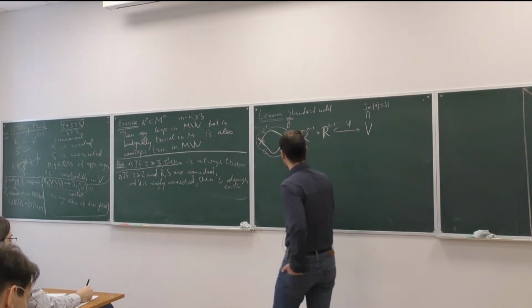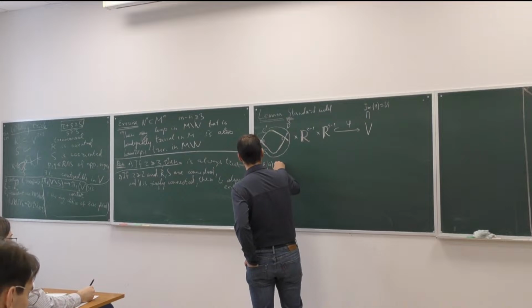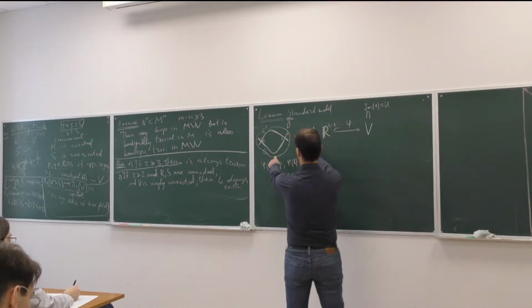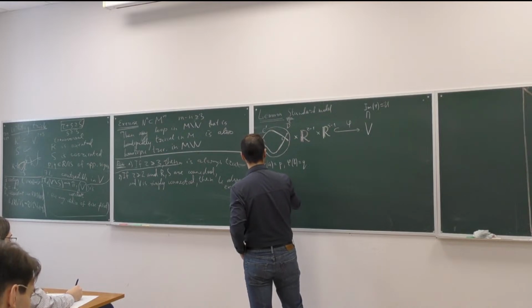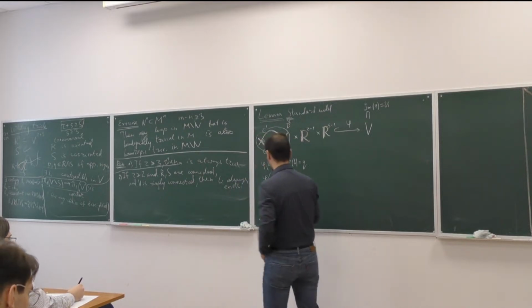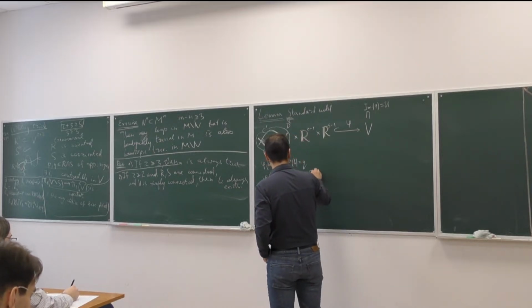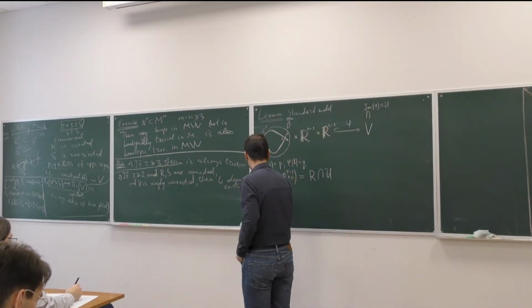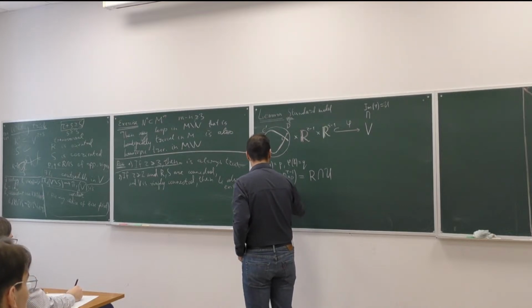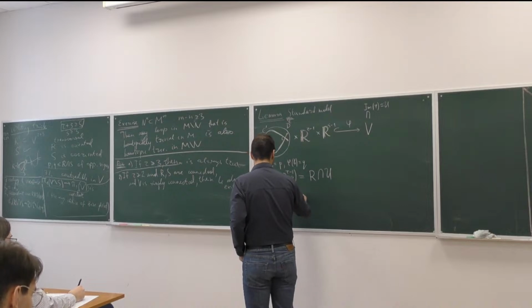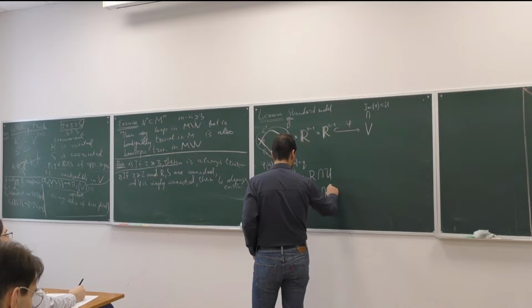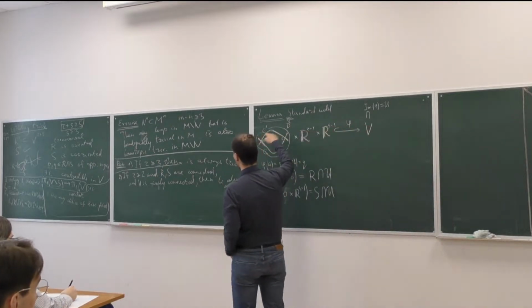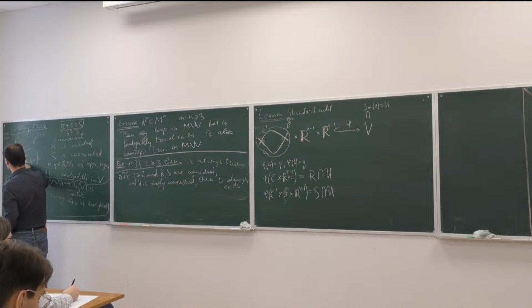I want that this embedding takes A to P and B to Q. It takes C times R times this exactly to the intersection of R with U, and phi of C prime times 0 to the intersection of S with U. And also C and C prime go exactly to those two.